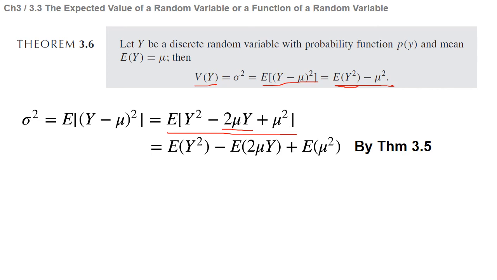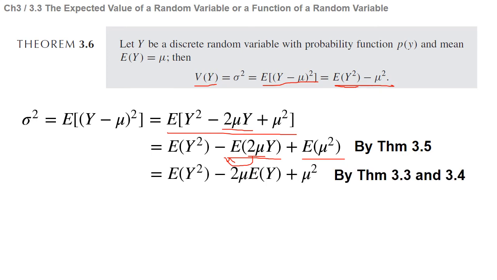And here, by using theorems 3.3 and 3.4, you can get the constant outside, and the expected value of a constant is the constant.